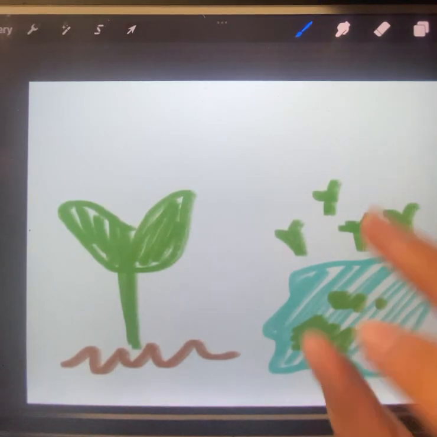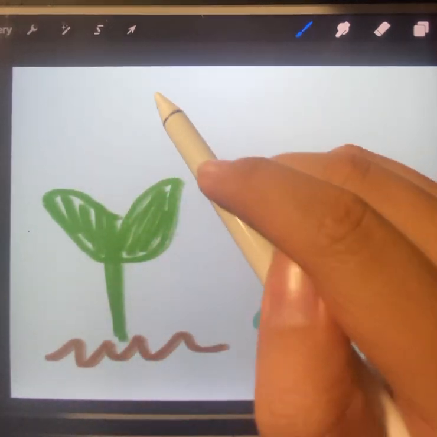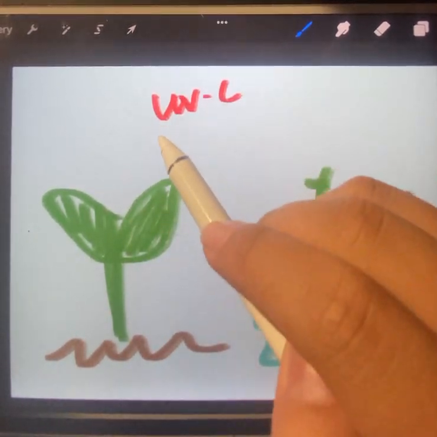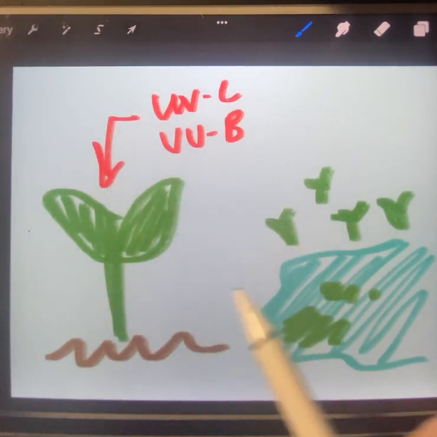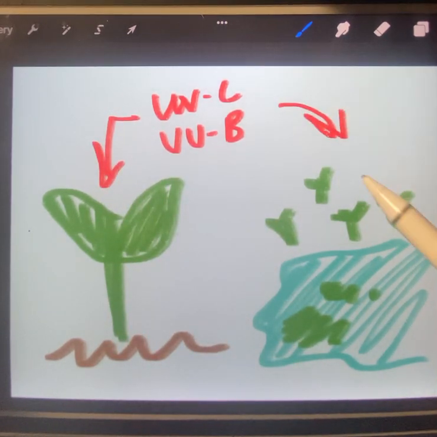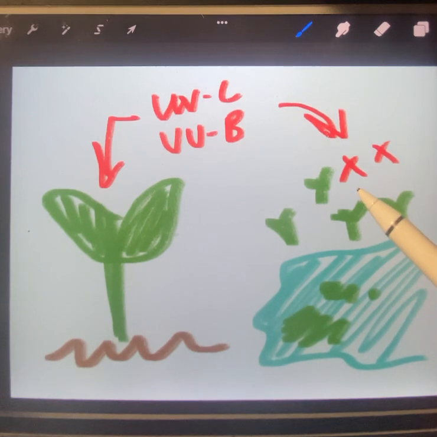Then we have its effects on plants. UVC and UVB are both very damaging to plant cells and cause the death of existing plants and algae.